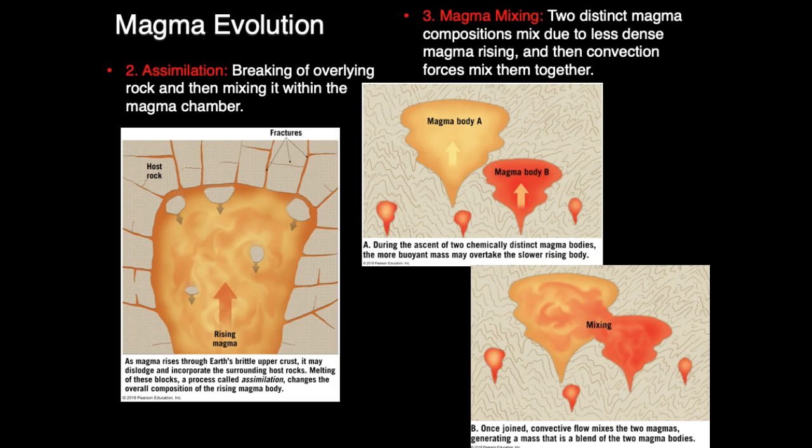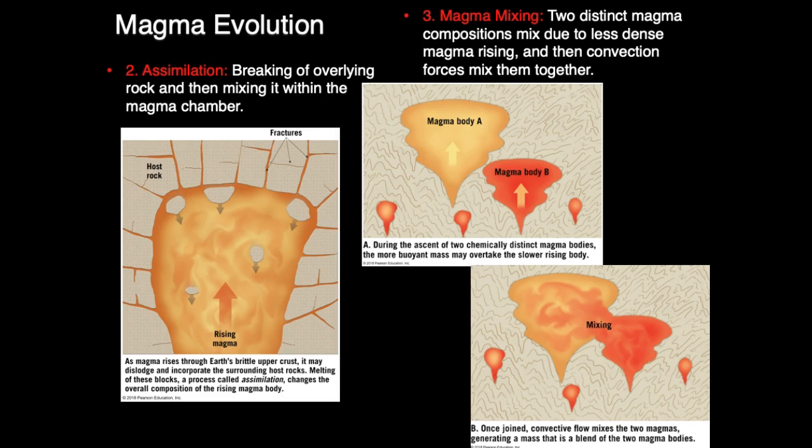So once the rocks that are being dislodged and incorporated into the iron, magnesium, silicon and oxygen mix get melted, the overall chemistry of that magma body is going to become a lot more felsic. So you're going to have more non-ferromagnesian silicate minerals within there as the magma body crystallizes.